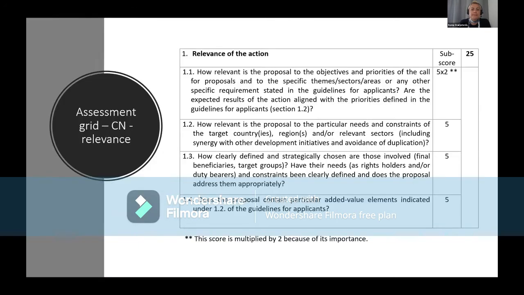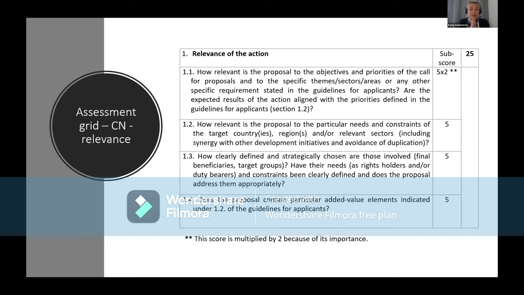Okay, so this is the first part of the assessment grid, for the relevance of the action. There are 4 sections. These are basically the questions that we already went through. The first one and the most important one is multiplied by 2, as you can see below the table, because of its importance.